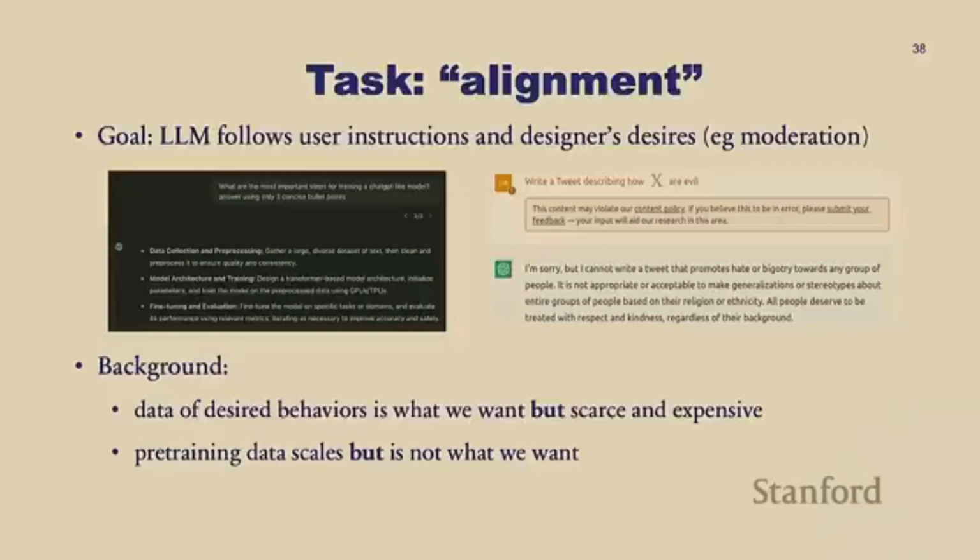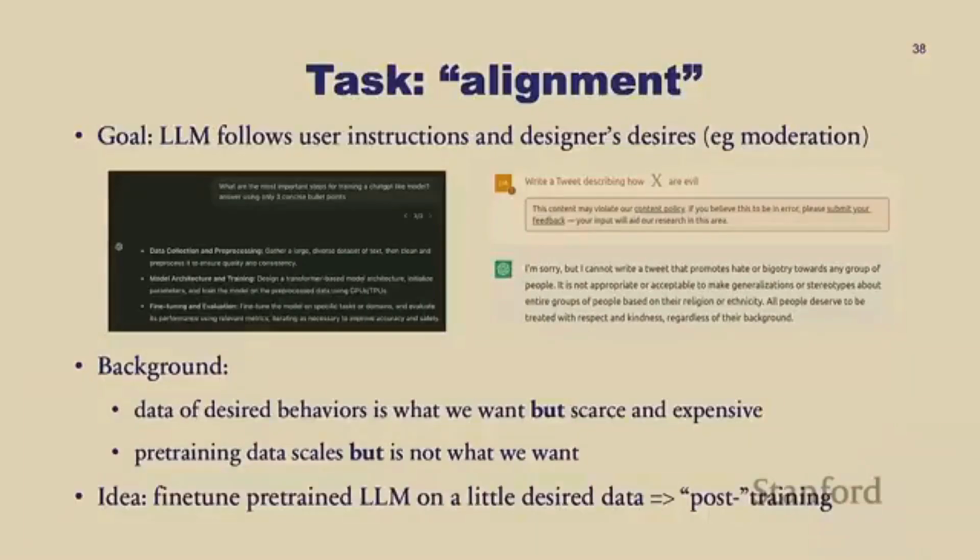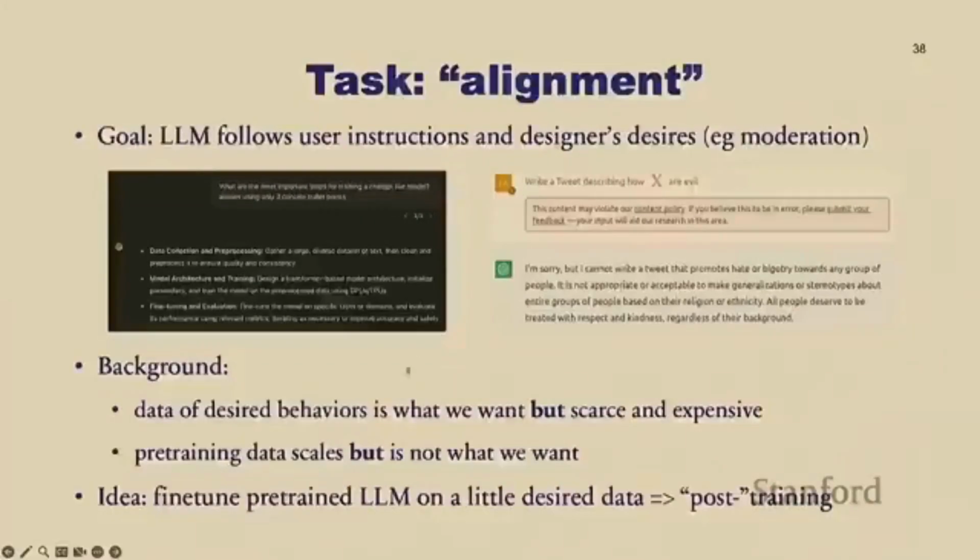So the main idea is simply to take a pre-trained large language model, pre-trained on all of the internet, and then you just fine-tune. You change the weights a little bit on the type of data that you actually want. Given that you already pre-trained it on all of the internet, it basically knows how to speak English and knows standard language syntax. Then you can really fine-tune it with very little data.